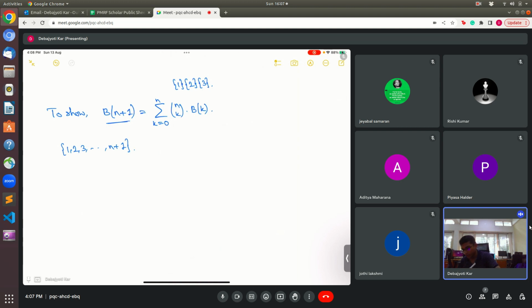This number n plus 1 has to belong to some partition, right? So we consider any partition. This number n plus 1 should belong to one of the sets of this partition.